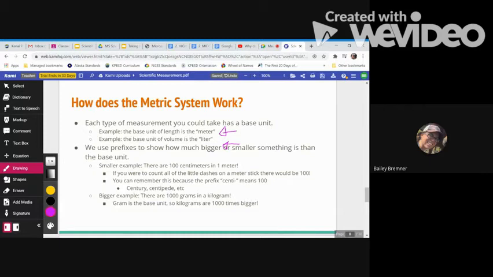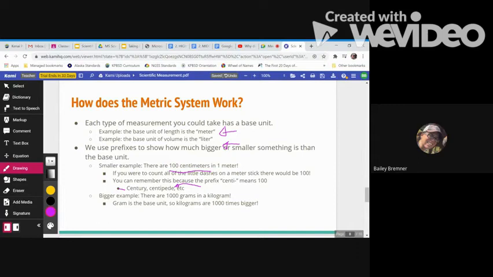For example, you have probably heard of centimeters. If you think about the word centi, it's also in the word century. It's in centipede, right? We say centipedes have 100 legs. Centi means 100. So remember, centipede, 100 legs, centi means 100.